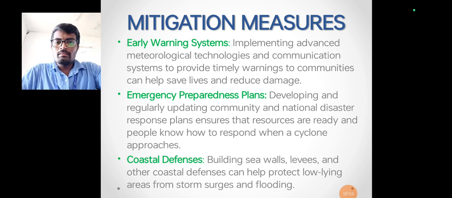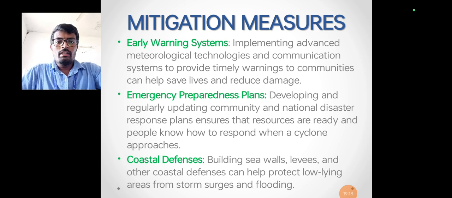The second mitigation measure is emergency preparedness plans. In these plans, our response is very quick, thus reducing the impacts of any hazard. If our response is slow, impacts are very high, so loss of life, mortality rate and injuries may increase.